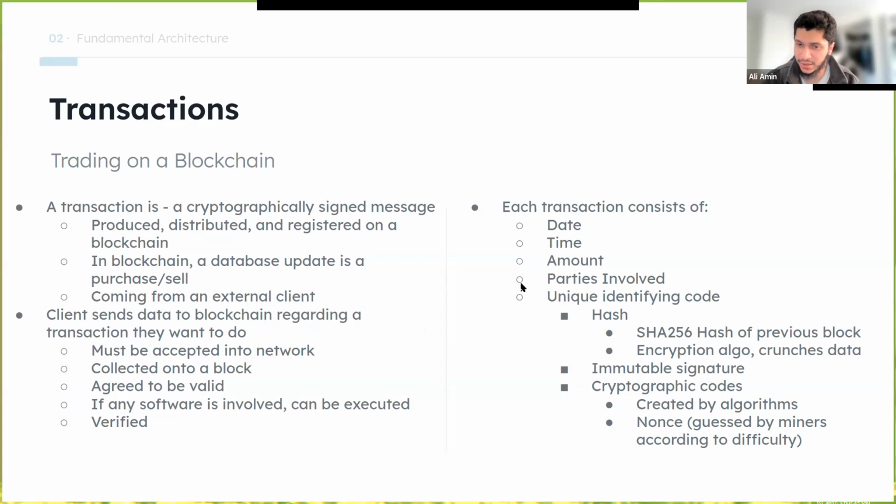Are they really trying to send it to a valid other account? Okay, everything checks out. Then once it's accepted, it gets put onto a block. It's collected, and then it'll be validated. Okay, all of these transactions are good transactions. Let's make a block. If there's execution that needs to be done, then there's execution, and then it'll be verified and committed to the blockchain.